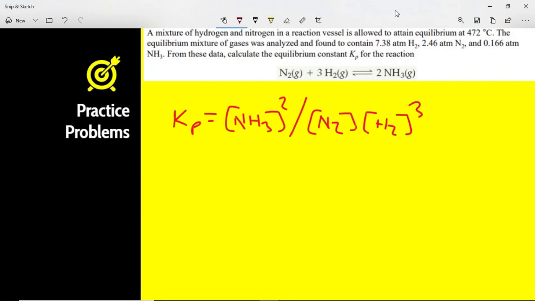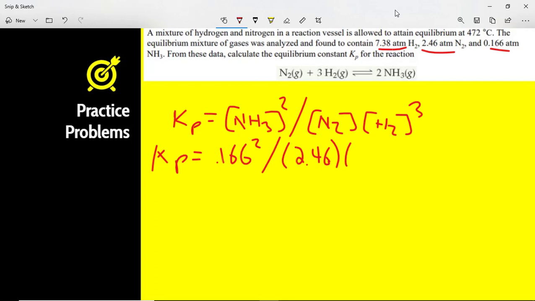And what we're going to do is we're just going to simply plug in. Remember, atmospheres, units of pressure, can work exactly the same as the molarity concentration. So we can plug those numbers in and solve very easily for Kp. So Kp is going to equal, got NH3, so it's going to be 0.166 squared divided by, put these in brackets, 2.46 times 7.38 cubed.